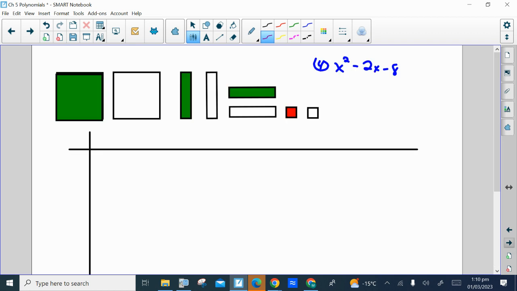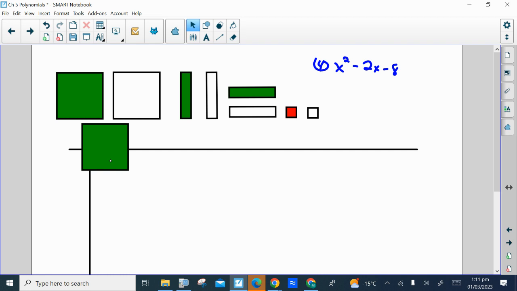So what about x squared minus 2x minus 8, Jan? We need to build that trinomial inside that shape. So we need a positive x squared. The x squareds always go in the top left. And then we need a negative 8 in the bottom right. That will be 8 negative 1 tiles.